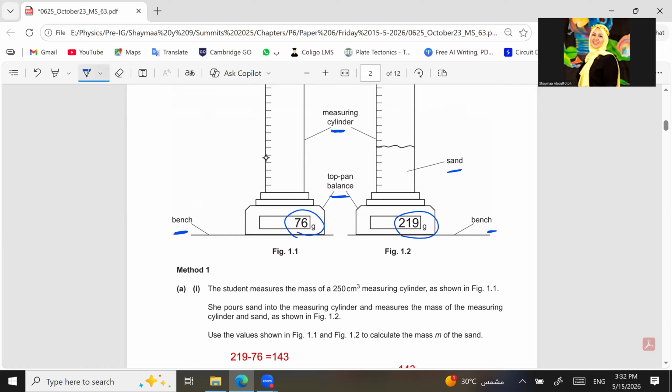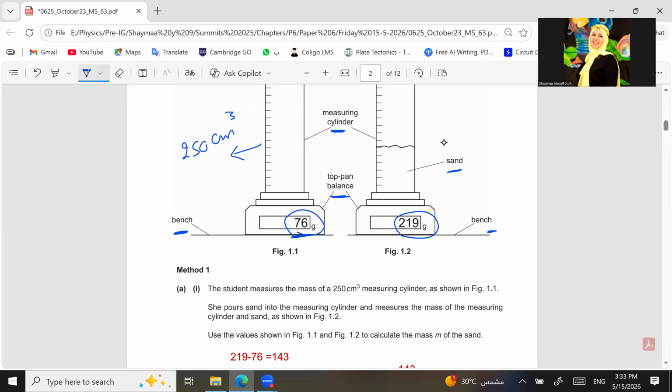First of all, at the beginning, we have the mass of the 250 centimeter cube measuring cylinder. It doesn't mean he put water, no, it's just empty. So the mass without anything will be 76 gram.